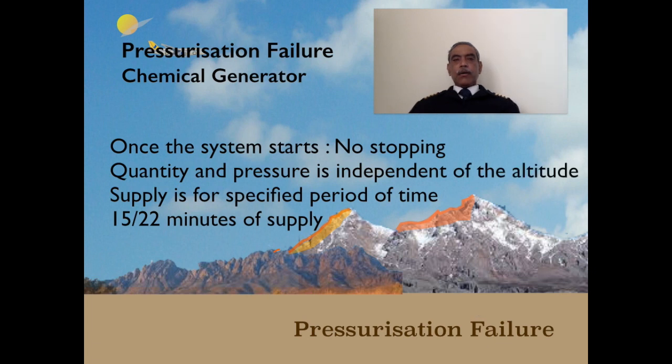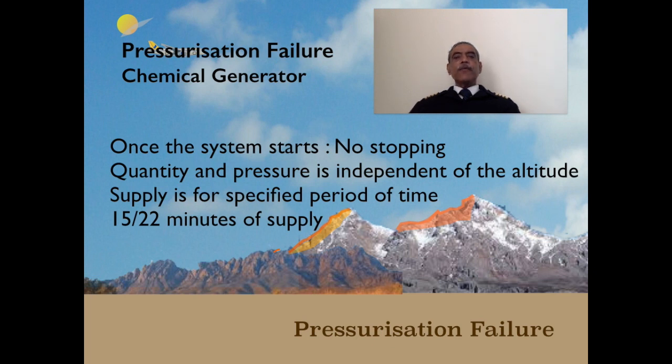Talking about the chemical generator oxygen systems, the salient features are, we all know that once there is a rapid decompression, the oxygen masks from the cabin drop automatically, and the passengers have been advised to start using the oxygen mask as soon as it happens.